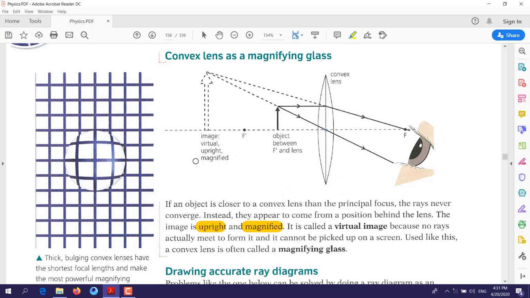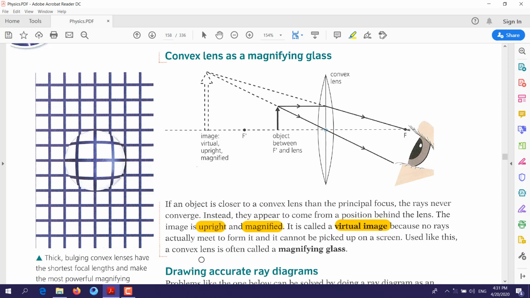So the kind of image that will be formed in this case is a virtual image. What does that mean, or why is it virtual? Because the rays will never meet at a point. No rays actually meet to form it, and it cannot be picked up on a screen.